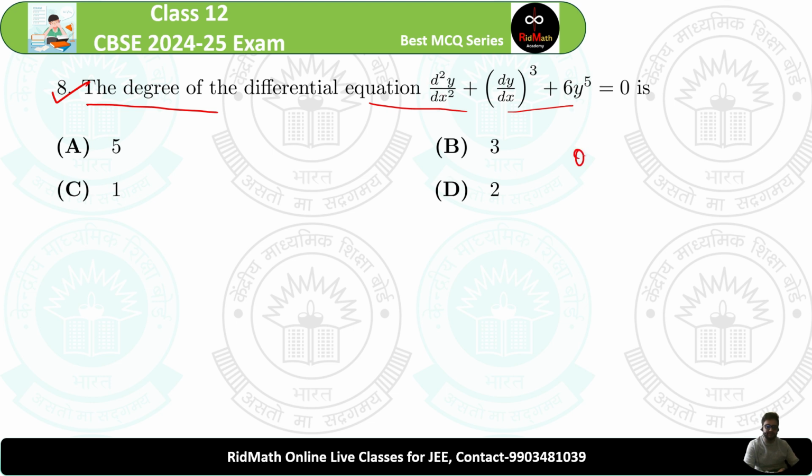So the order of this differential equation is 2, because the highest order derivative present in it is of order 2, and its degree is 1 because this is raised to the power 1. So the degree of this differential equation is 1. Option number C is correct. Okay. Next problem.